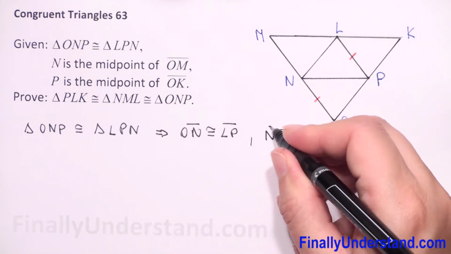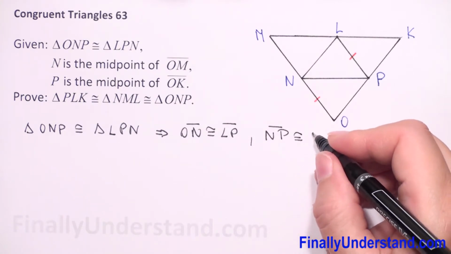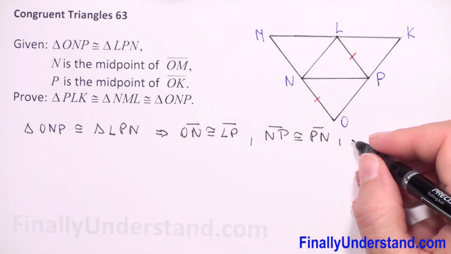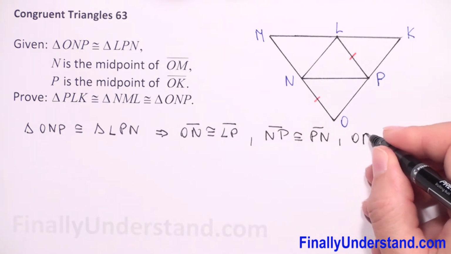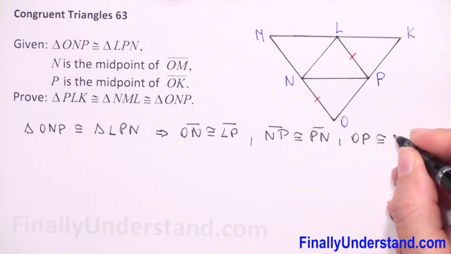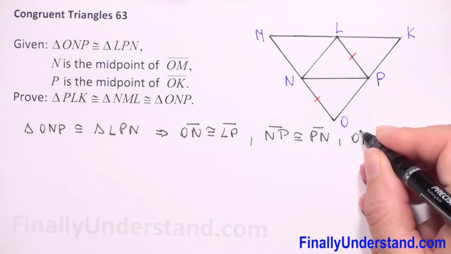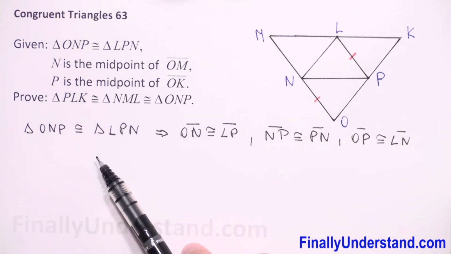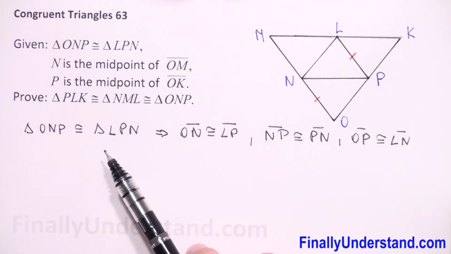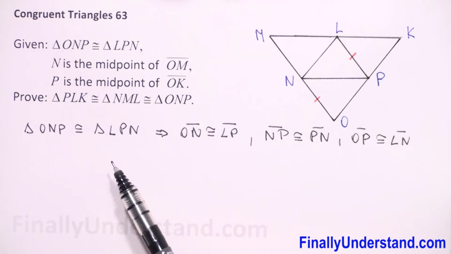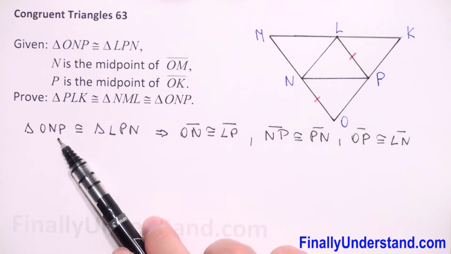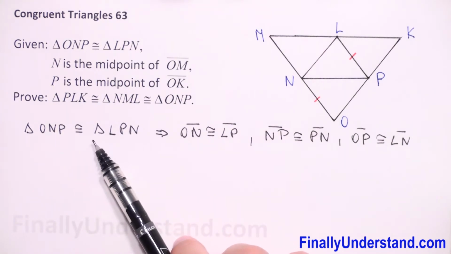NP is congruent to PN. What else? We have that OP is congruent to LN segment. We know this because corresponding parts of congruent triangles are congruent. So these statements we have from the congruence of our two triangles.